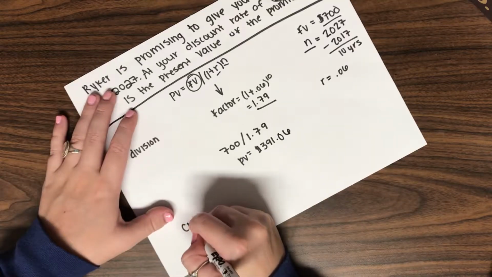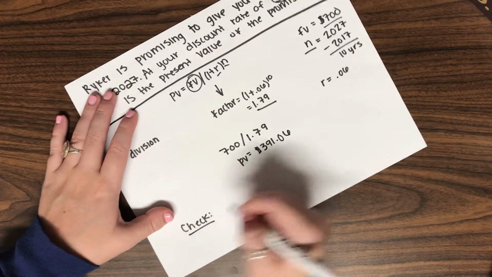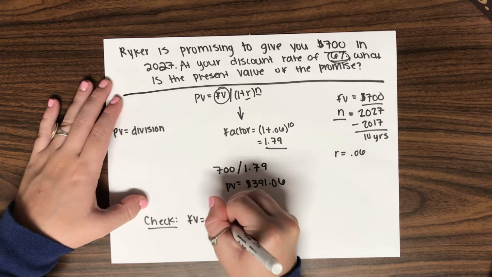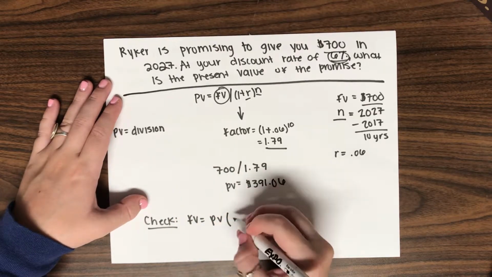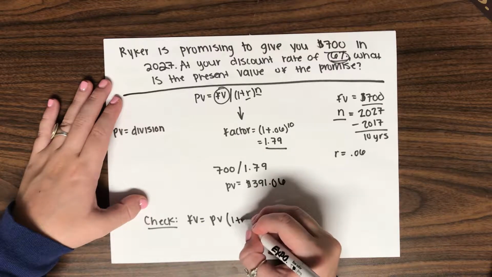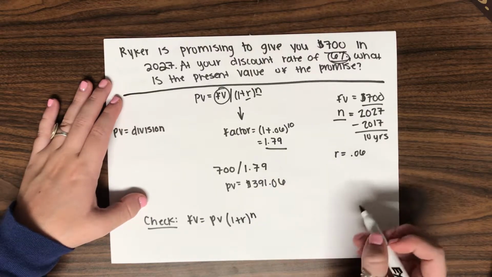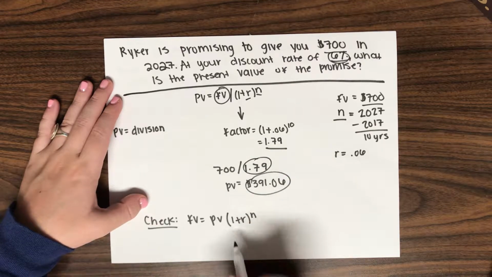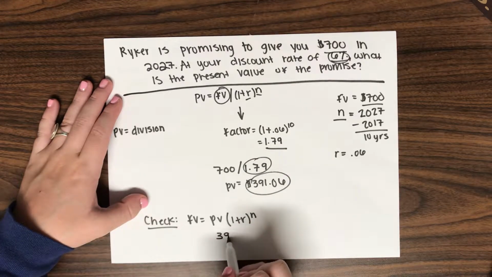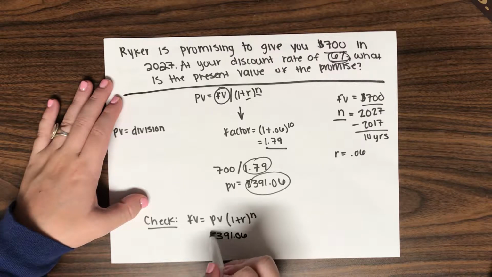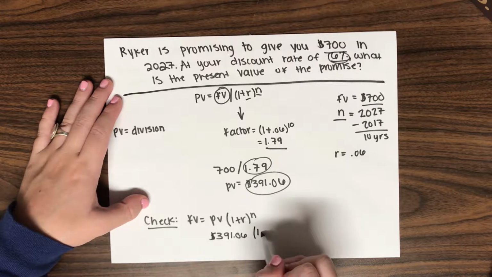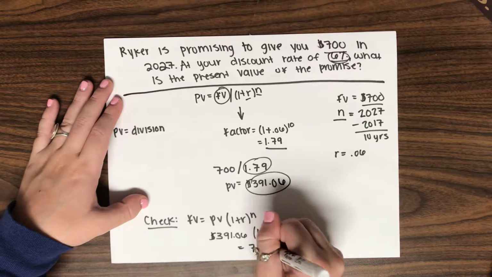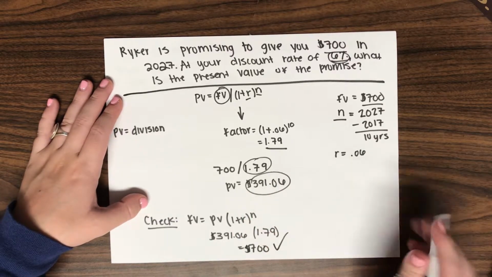Now, a way to check our work is to use the future value formula of present value times 1 plus r to the power of n. So we just plug in this number and our factor. We say $391.06 times 1.79, and we come up with $700. So we know we're correct.